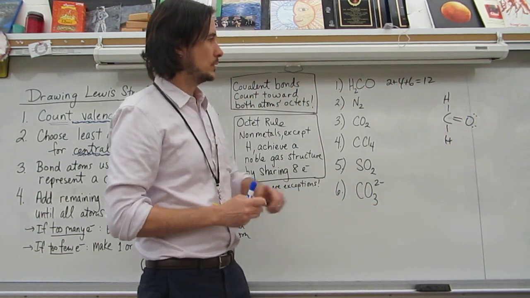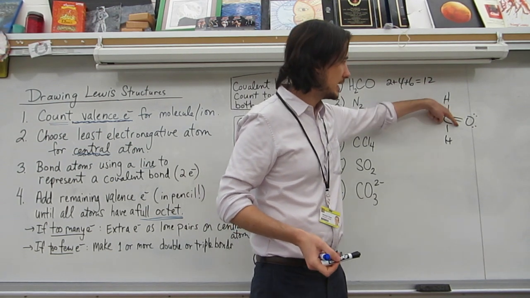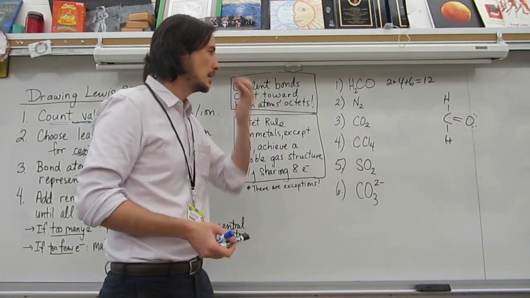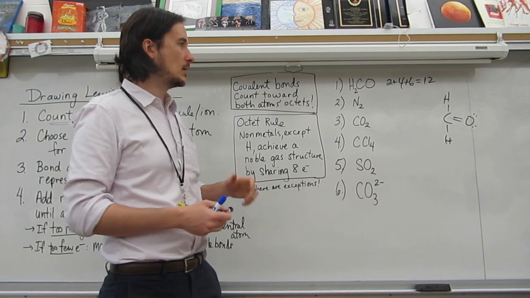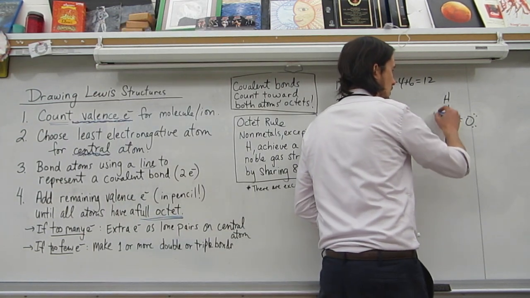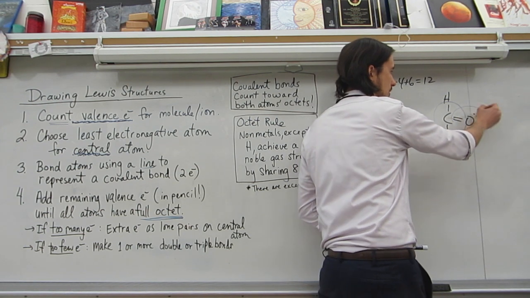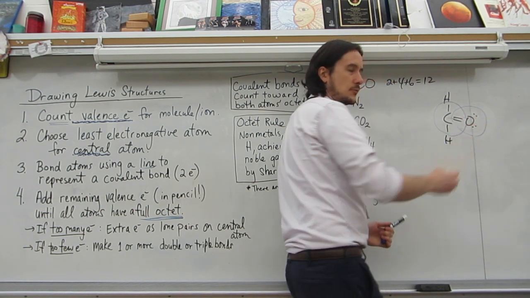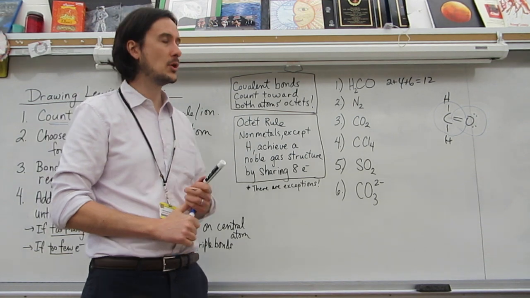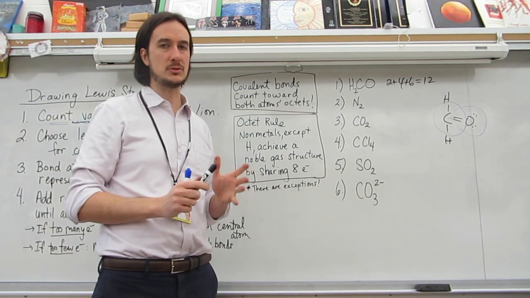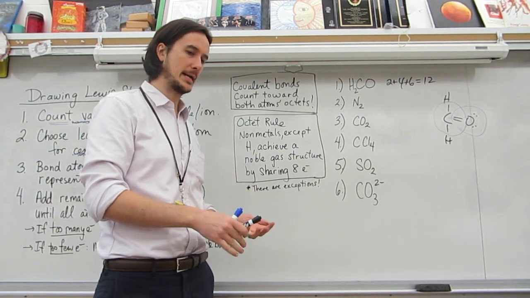So we have that. We've still used 2, 4, 6, 8, 10, 12 electrons, but we now have 2, 4, 6, 8 for carbon and 2, 4, 6, 8 for oxygen, so the octets are filled. When you're drawing Lewis structures, please use a pencil. That way you can erase the electrons and put them back.